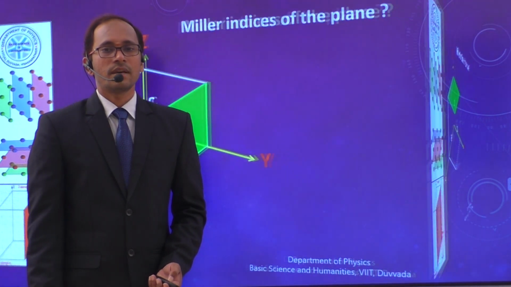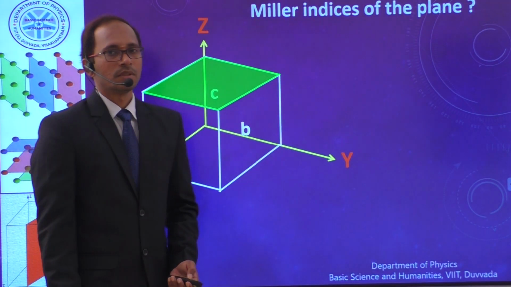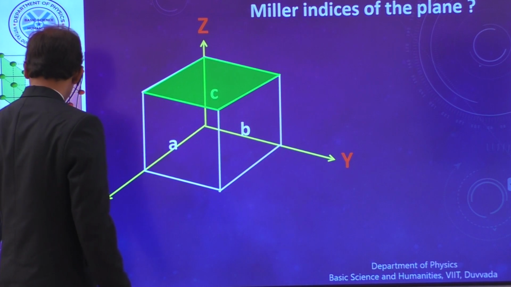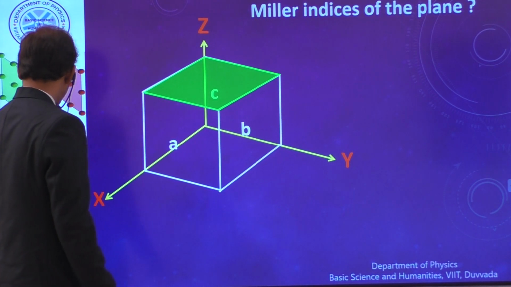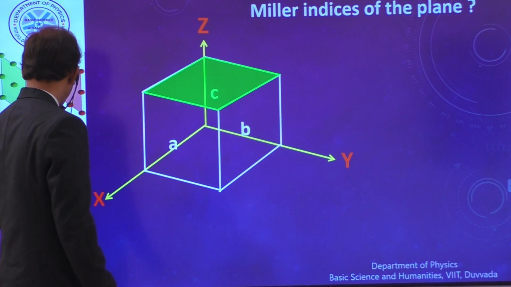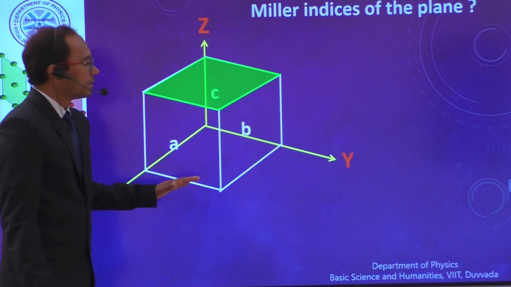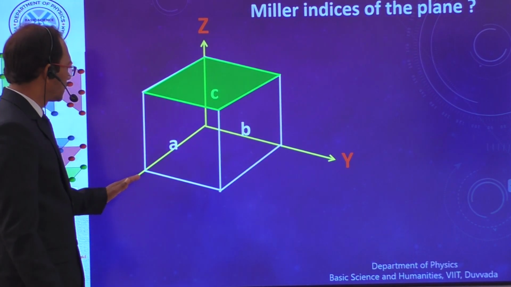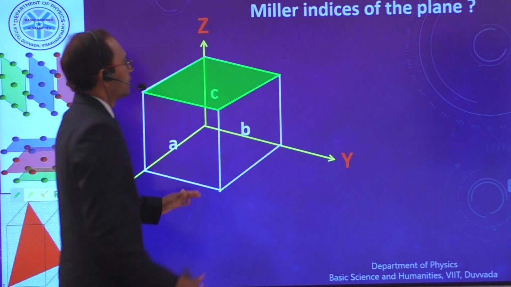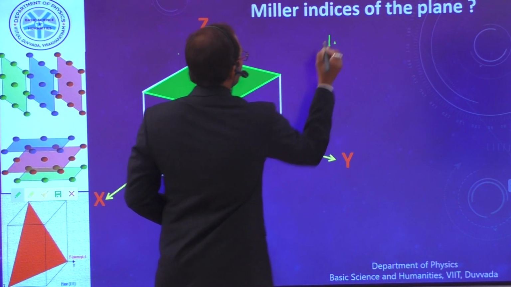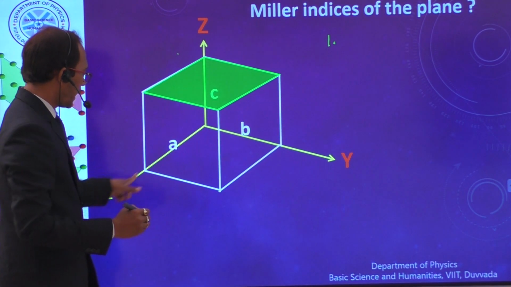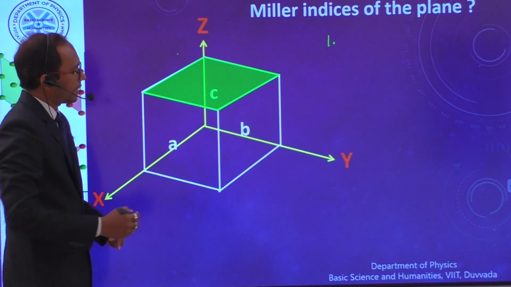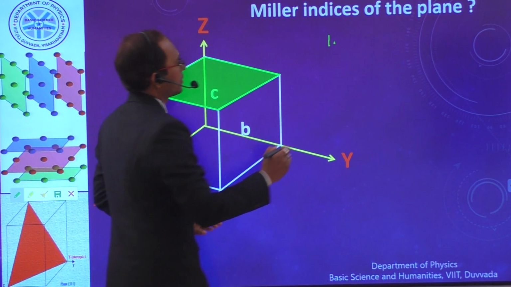Okay, next example. Let us see this one. Step 1: is there any touching on the x-axis? No, so the intercept is infinity.